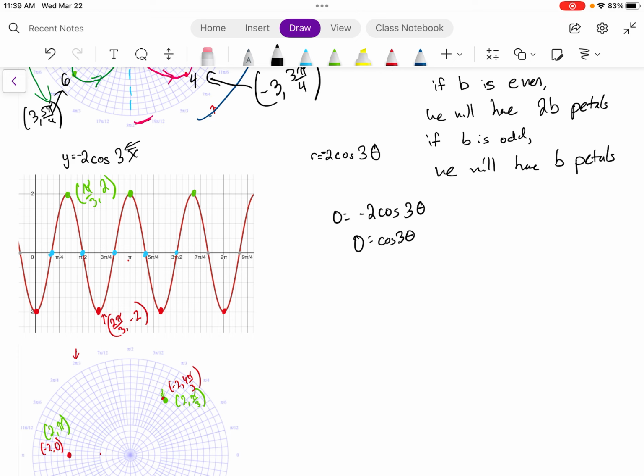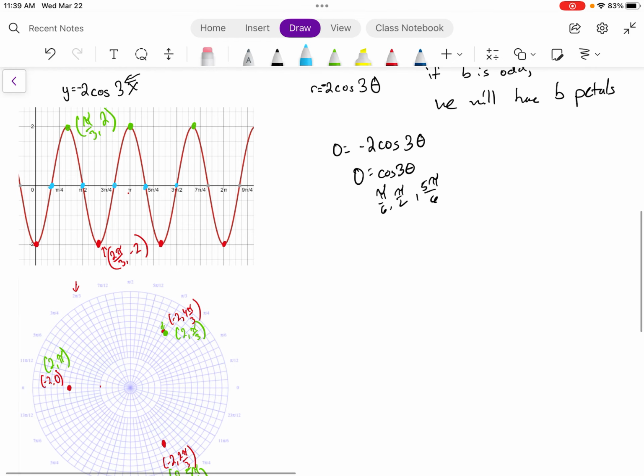So that would happen at what? Pi over 6, pi over 2, 5 pi over 6. It's going to happen every pi over 3 from then on, and so on. Those are all these points in the middle. So the ones that we know for sure are 0 comma pi over 6, 0 comma pi over 2, 0 comma 5 pi over 6.